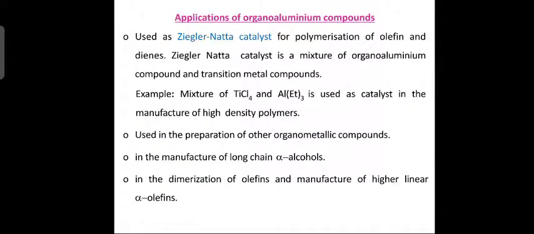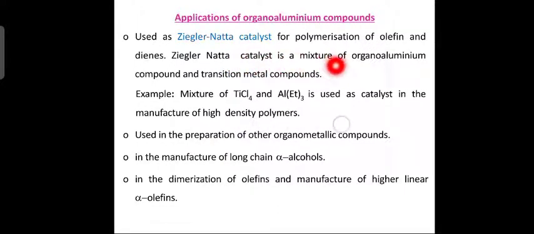Next slide. Now what are the applications of organoaluminium compounds? Organoaluminium compounds are used as Ziegler-Natta catalyst for the polymerization of olefin and diene. So Ziegler-Natta catalyst is used in the polymerization reaction of olefin, which is nothing but alkene, and dienes. So what is Ziegler-Natta catalyst?